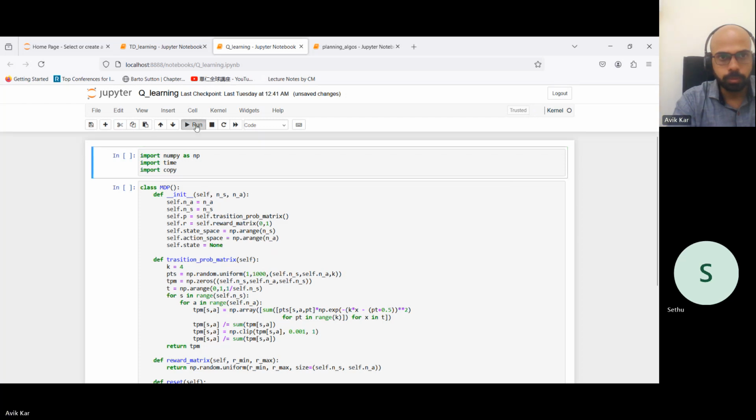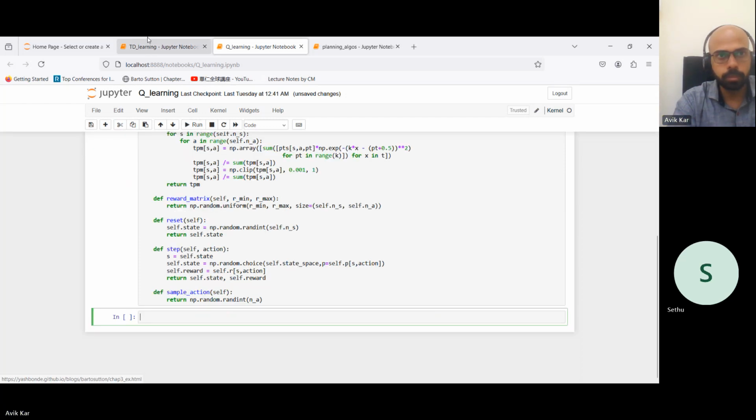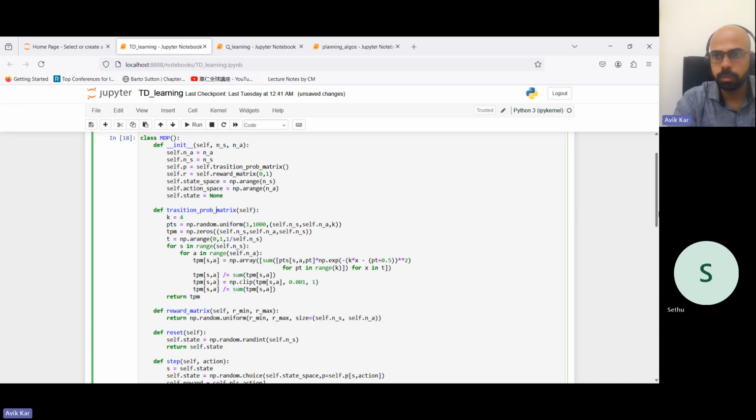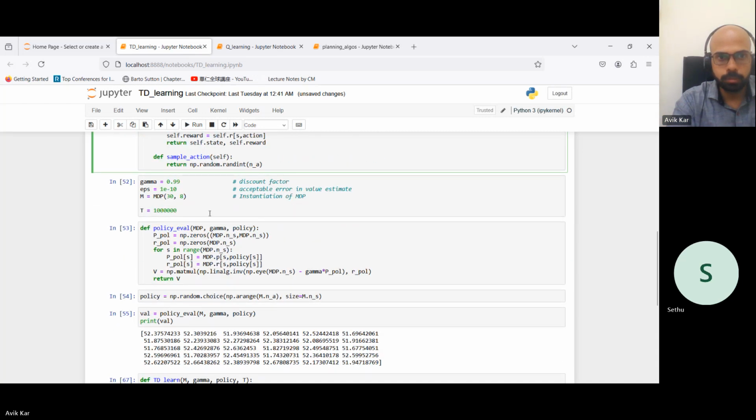So I copied the infinite horizon MDP from the TD learning notebook.